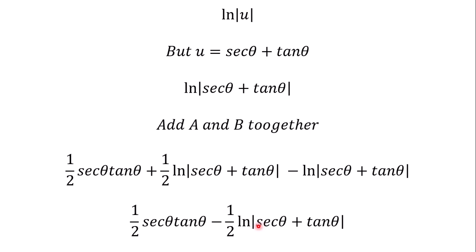So going back to the x world, we know that secant theta is equal to x and tan theta is equal to square root of x squared minus 1. So let's replace secant theta and tan theta with these.